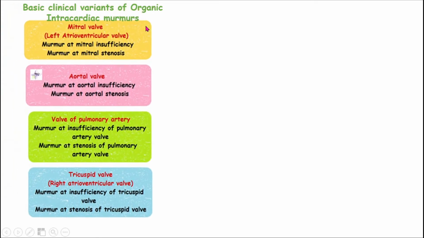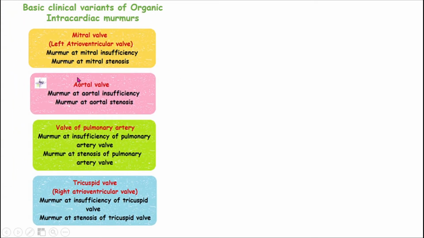There are four valves inside the heart, and we have the mitral valve, aortic valve, pulmonary artery valve, and tricuspid valve, which is also known as the right atrioventricular valve, and also the mitral valve, which is also known as the left atrioventricular valve.